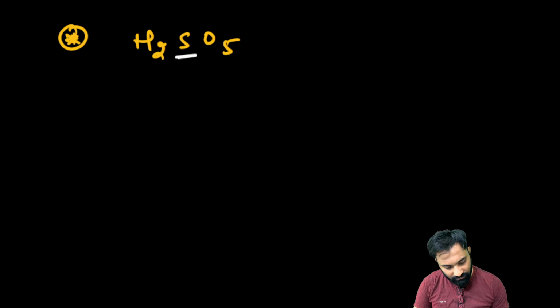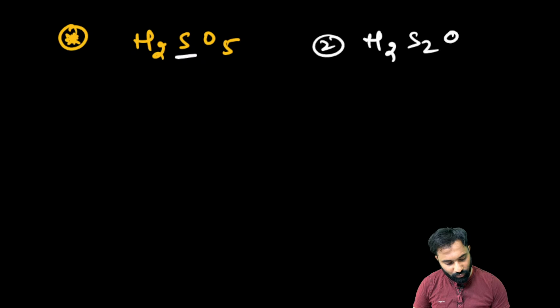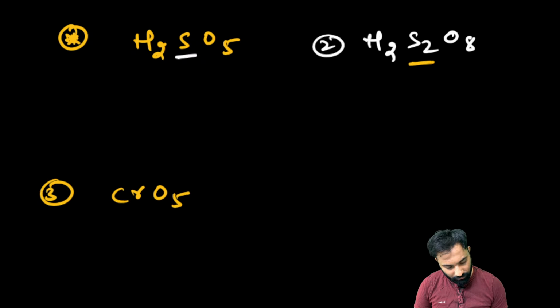Suppose they have given H2SO5, this is Caro's acid. What is the oxidation number of the sulfur here? And the second one, H2S2O8, what is the oxidation number of the sulfur here? And the third one, CrO5, what is the oxidation number of the chromium here? In the 1, what is the oxidation number of the sulfur? In the 2, what is the oxidation number of the sulfur? In the 3, what is the oxidation number of the chromium?